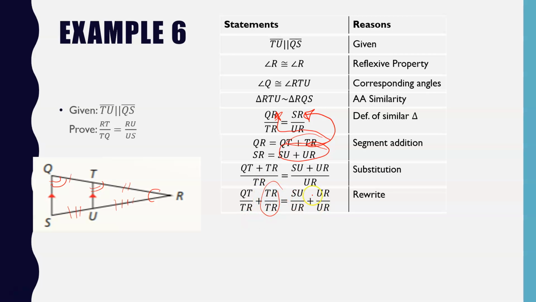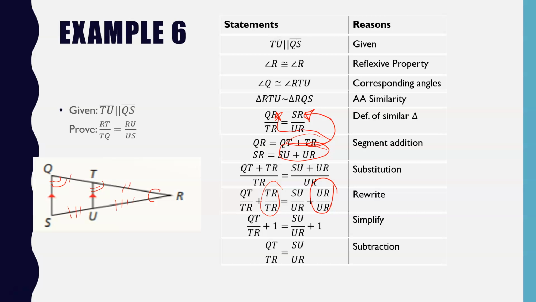Notice this piece and this piece are divided by themselves, so that turns into 1 by simplifying. Once I simplify, I can get rid of the 1's by subtraction. So if I subtracted 1 on both sides, they would cancel out. Then I have QT over TR equals SU over UR.